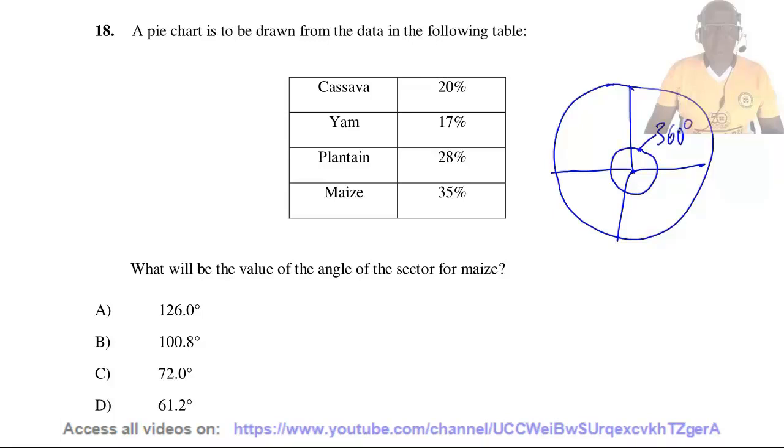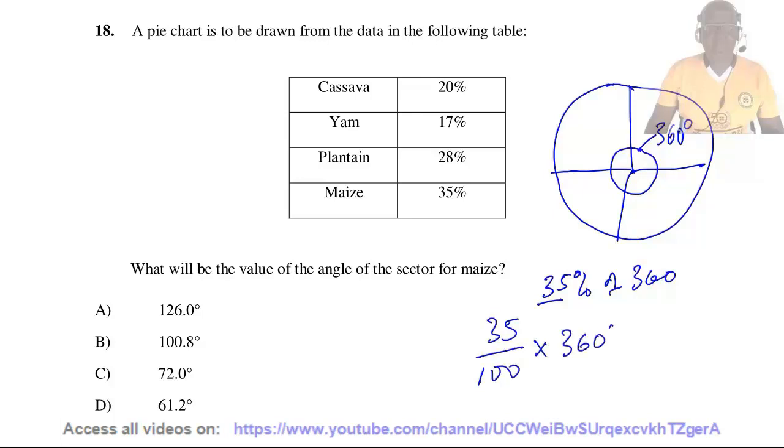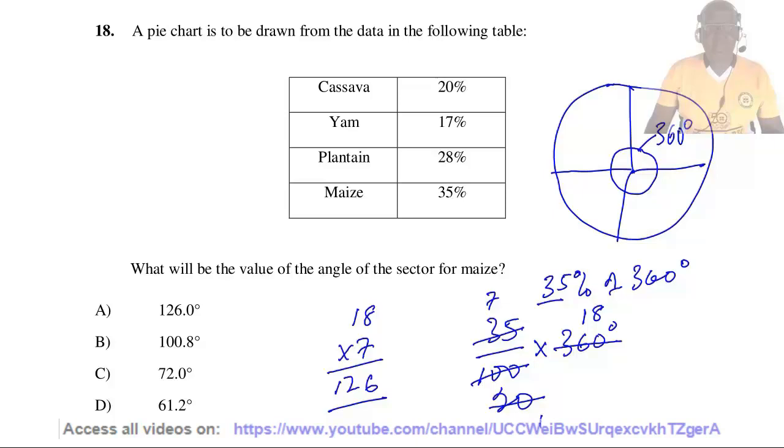Maize is taking 35% of 360. So 35 divided by 100 times 360 degrees. 5 goes into this 7. 5 goes into this 20. 20 goes into this 1. 20 goes into this 18. So 18 times 7. 56 carry 5. 126. So the answer is A.